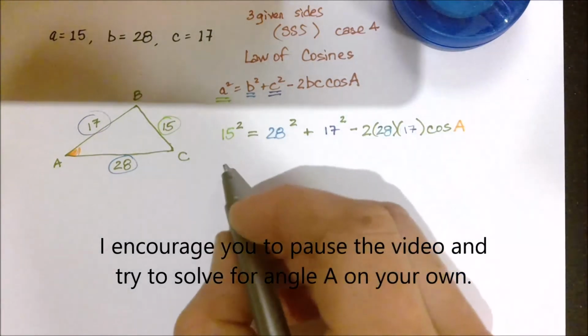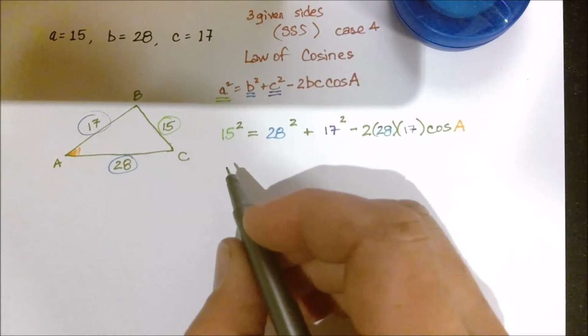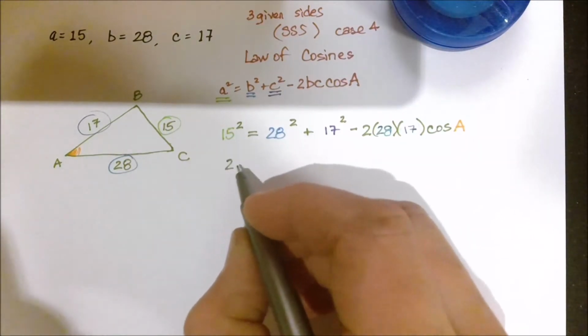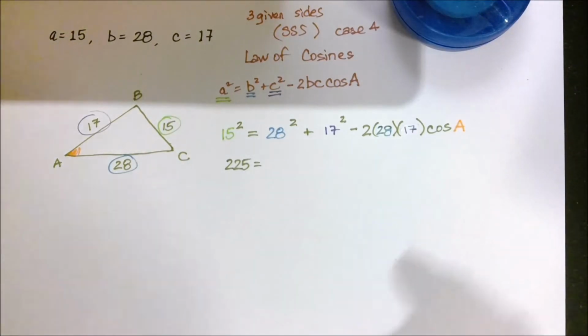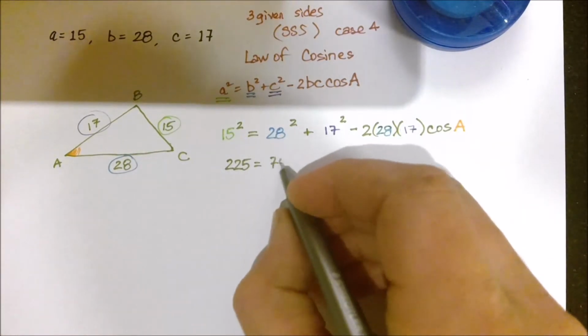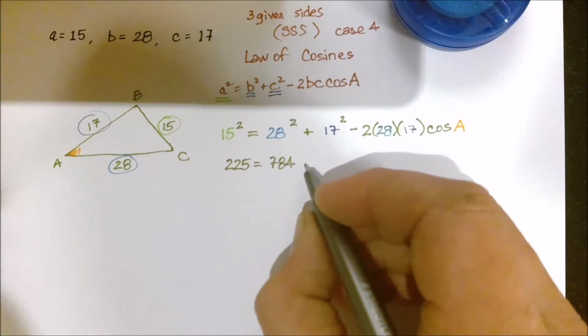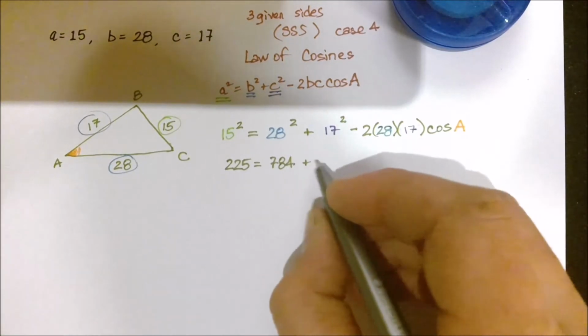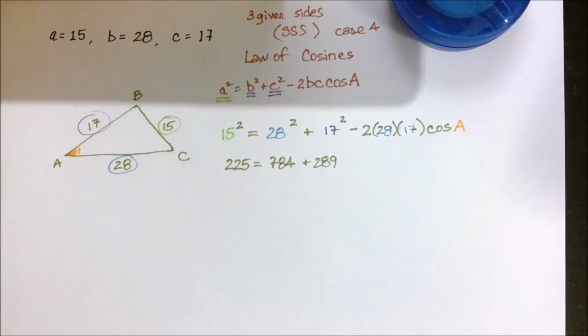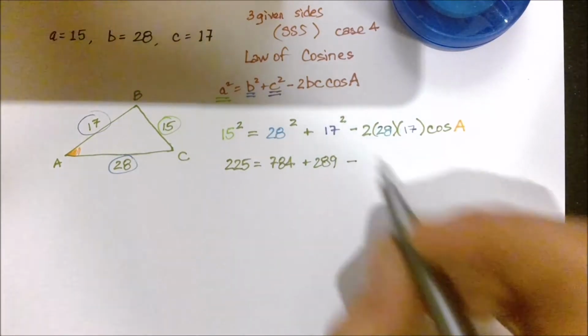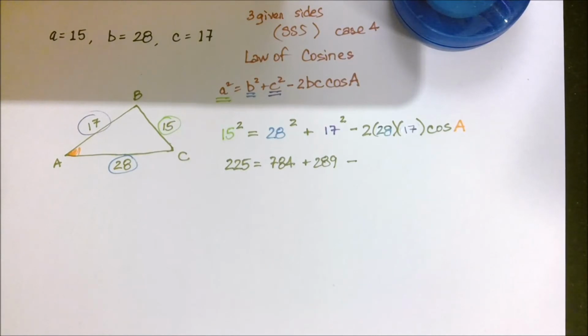So 15 squared, of course, is 225. Let's see, 28 squared. And I encourage you to go ahead and do this while I'm working through it, or before, pause if you need to. 17 squared is 289, right? 2 times 28. Ugh, this is not fun, right? So we kind of trust our calculator and our ability to estimate.